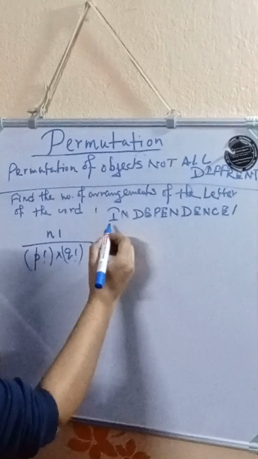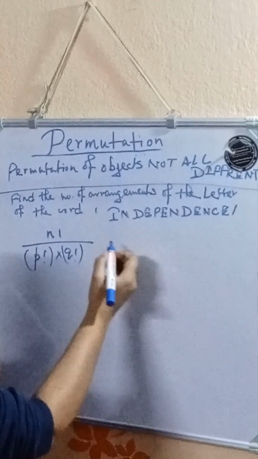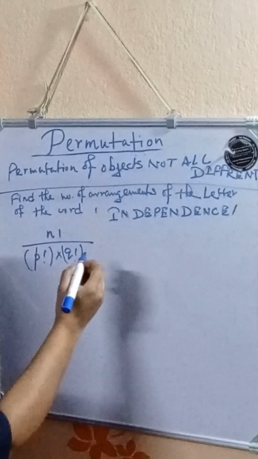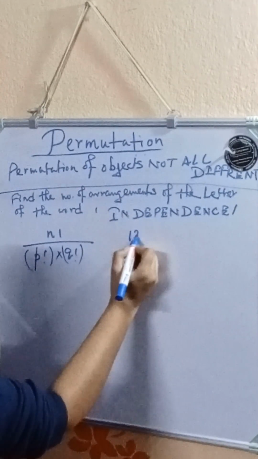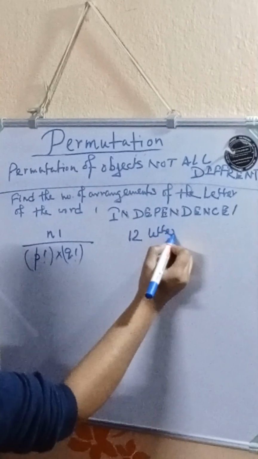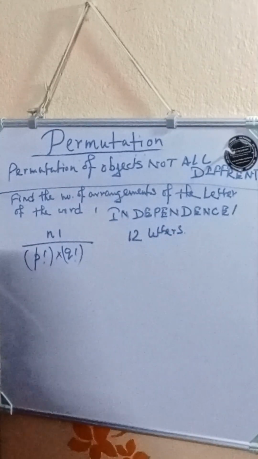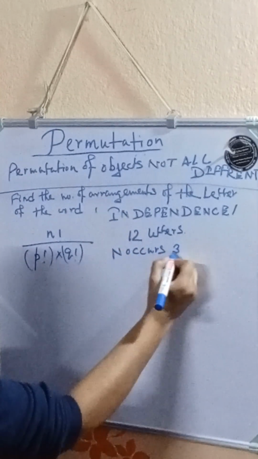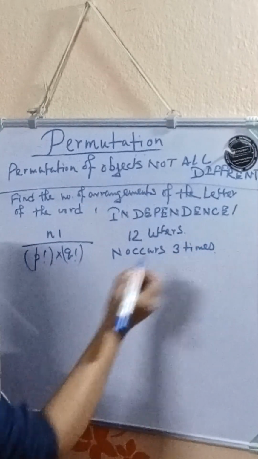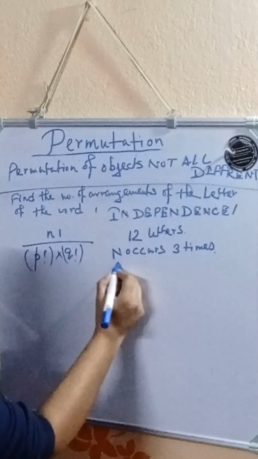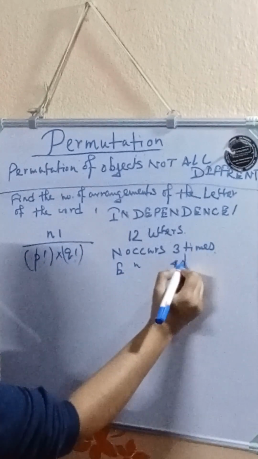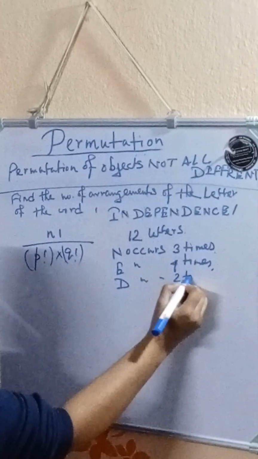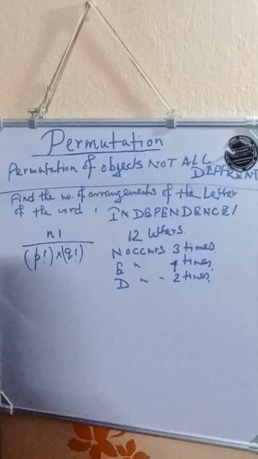Here the given word contains 12 letters, of which N occurs 3 times, E occurs 4 times, and D occurs 2 times, and the rest are all different.